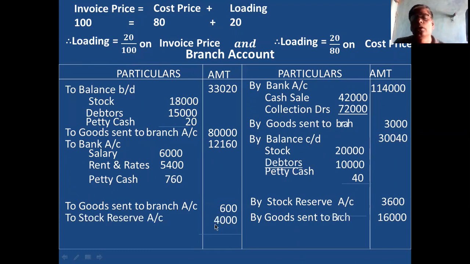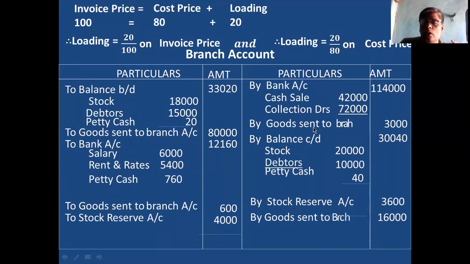In this way you calculate loading. This is called removal of loading. Removal of loading relates to four aspects. One is relating to opening stock; opening stock loading comes on the credit side. Then goods sent to branch loading comes on the credit side.